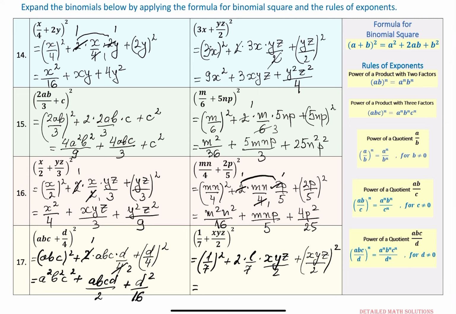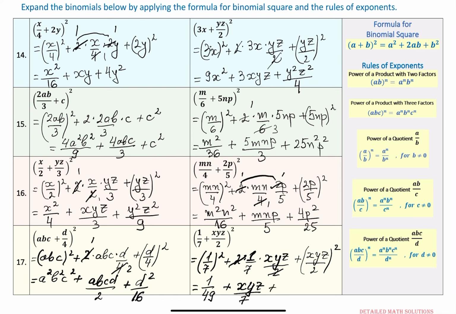We have 1 squared, 1 over 7 squared, 49, plus we have 2 and 2 which cancel out. This is a 1 here. And so we are left with xyz over 7.